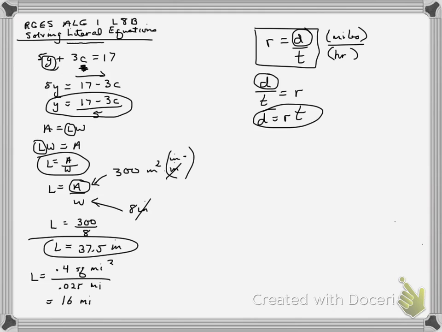Okay, and so then to evaluate D when the speed is 55 miles per hour, so I want to know what the distance is when the speed is 55 miles per hour, I'm going to substitute 55 miles per hour. And for time, I'm going to substitute 4.2 hours.